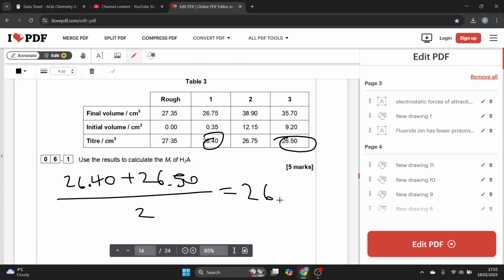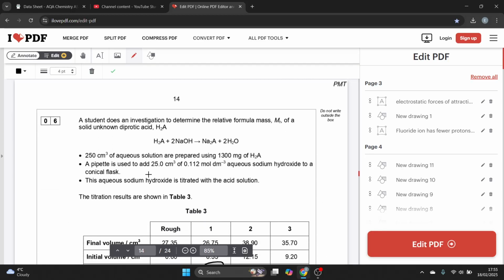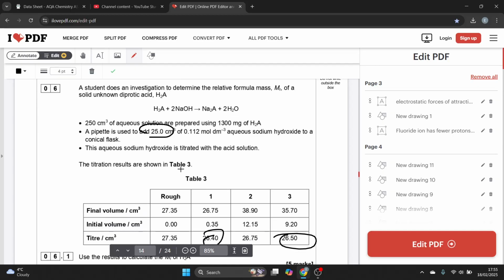26.45 centimeters cubed, and I'm told that a pipette is used to add 25 centimeters cubed of this much to a conical flask.